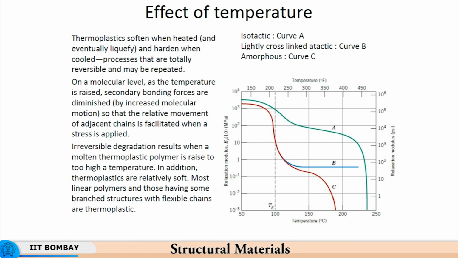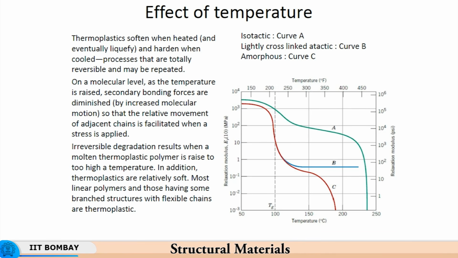So there are basically volume changes taking place as a result. So secondary bonding forces are lost, and then there is a relative movement of adjacent chains that is facilitated due to the stress applied. So if you take a polymer and heat it up, then it is very easy to deform it. That is because now that the van der Waals forces or secondary forces have weakened, the chains can slide with respect to each other very easily, and therefore they can deform very easily.